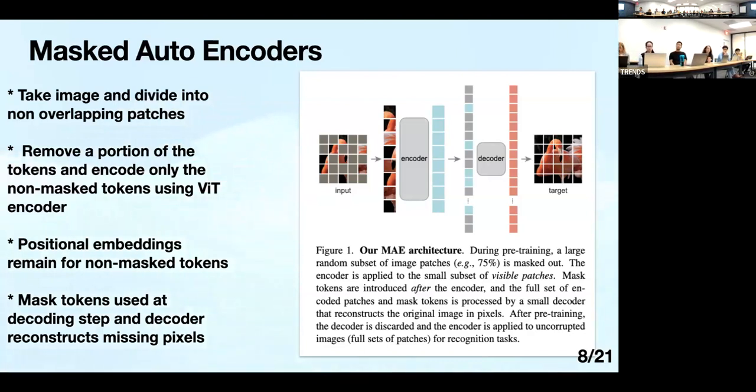After the encoder step, we get a learned internal representation of the tokens that were not masked, while they still have the positional representation. But at the decoder step, we bring back the masked tokens, and the transformer decoder tries to reconstruct the missing pixels. That's what the masked autoencoder is attempting to do.